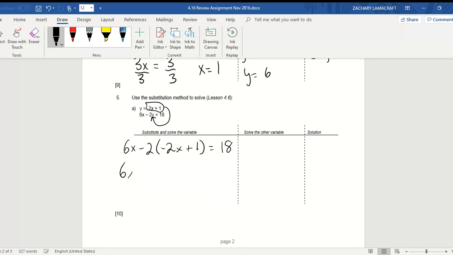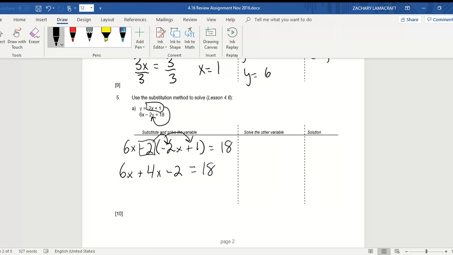We then have 6x, and now we have to multiply that -2 by -2x, and then again by +1. So -2 times -2x is actually +4x. -2 times +1 is -2, equal to 18.